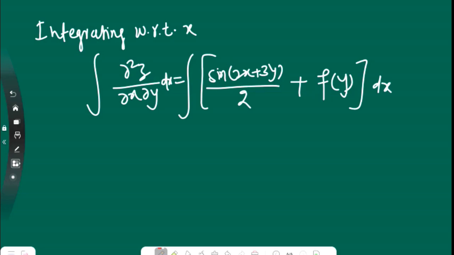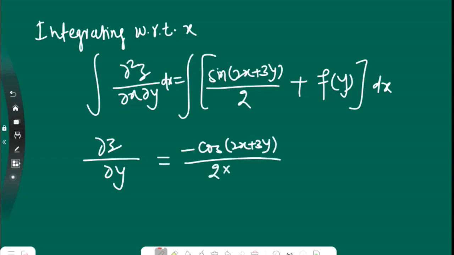So what will be the answer? It will become del z upon del y, and this will be, the integration of sine is minus cos, so it will be minus cos(2x plus 3y) upon 2 into 2, plus this will become x, since f(y) is a constant, so it will be x f(y).